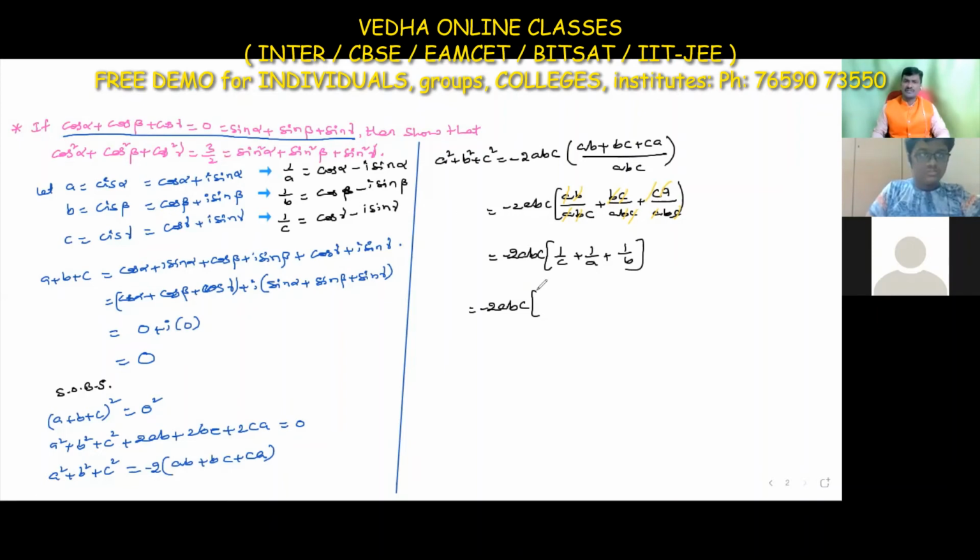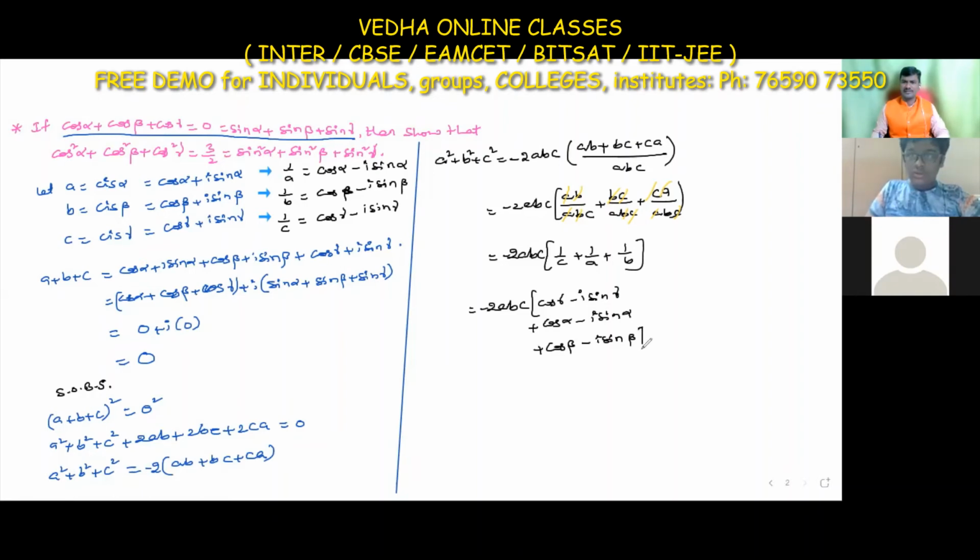Just for confirmation, we'll substitute. 1 by C is cos gamma minus i sin gamma, plus 1 by A is cos alpha minus i sin alpha, then 1 by B is cos beta minus i sin beta.